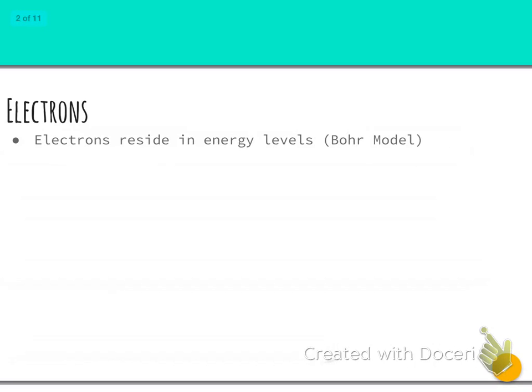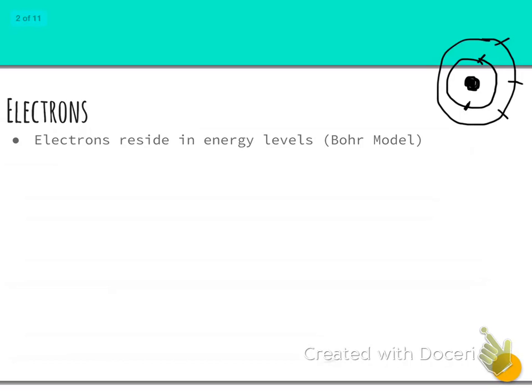So I want you to think about a Bohr model and how when you have a Bohr model, you have this nucleus in the middle, and then around it you have these little lines representing electrons.